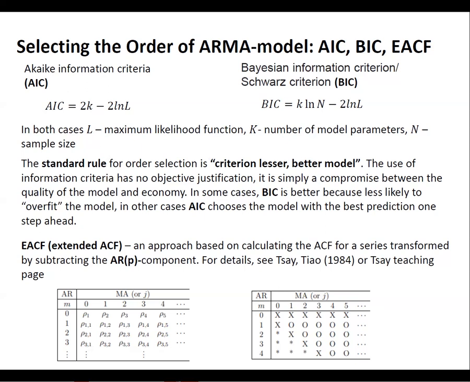Theoretically, it is usually said that BIC is better to use since there is less chance of overfitting the model. Other studies have shown that AIC usually chooses the model with the best predictions one step ahead. In general, there is no reason to use either one or the other.